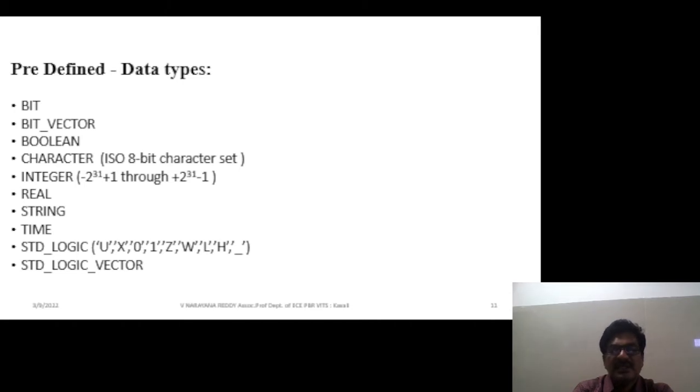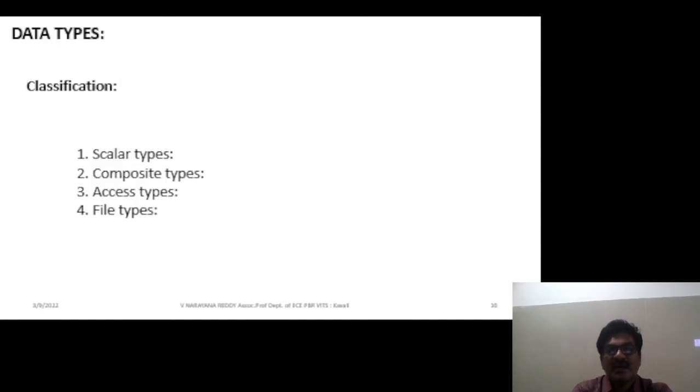But whatever the data types, one of the four categories I said in last class, the data types are classified as four. One is scalar type, then composite type, access type, file types. So let us see today one by one.